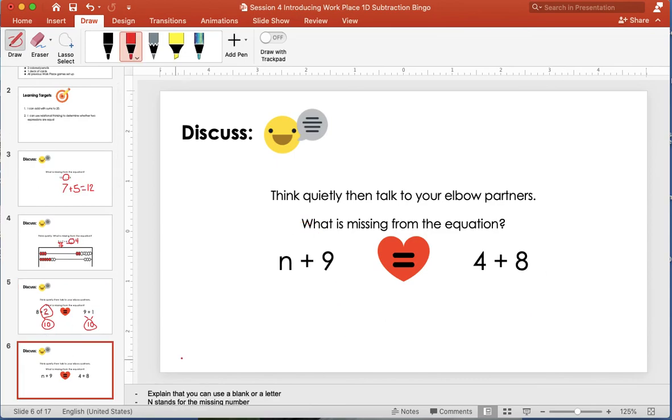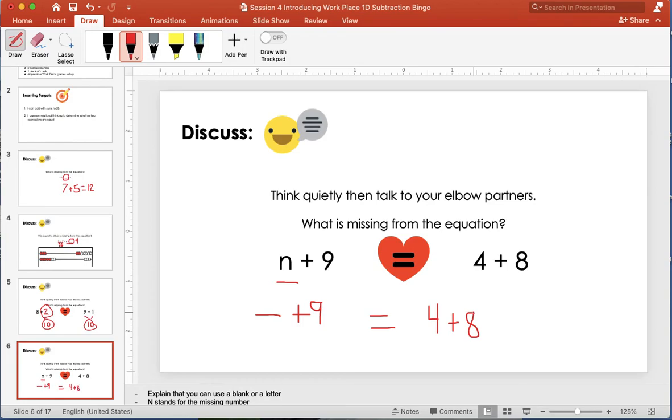Okay, sometimes we can use letters instead of a blank to show that we're missing a number. So I could either have n plus 9, or I could write blank plus 9. It's the same thing. So n plus 9 or blank plus 9 equals 4 plus 8.